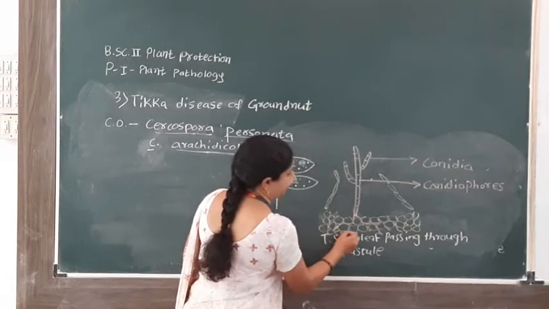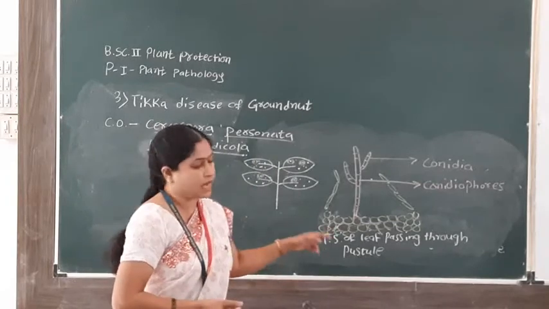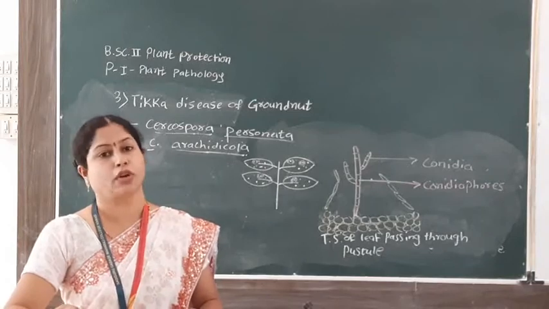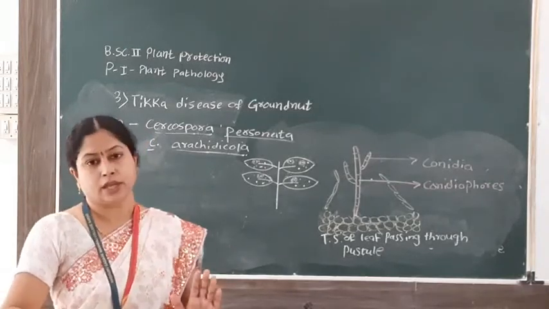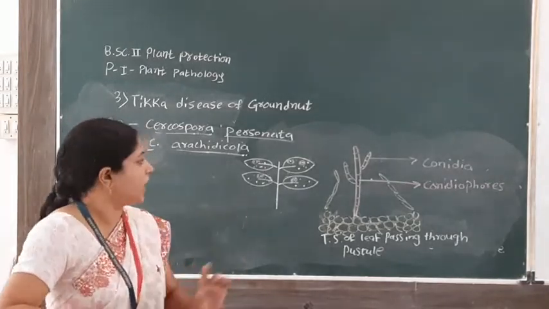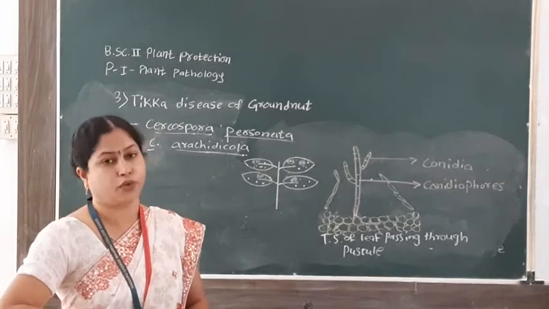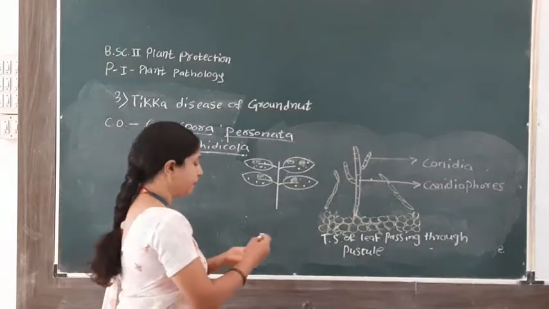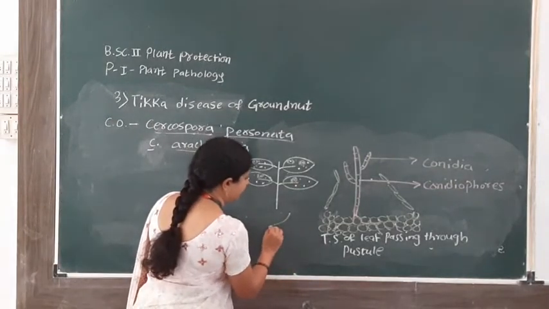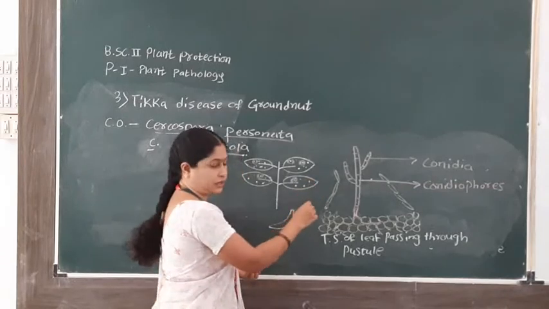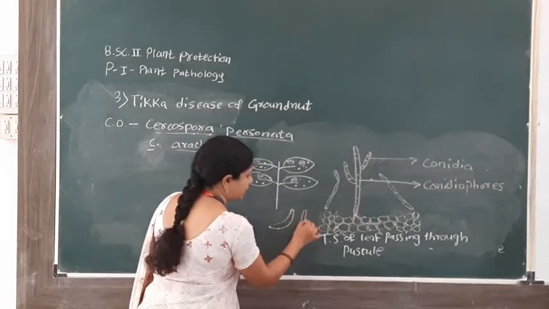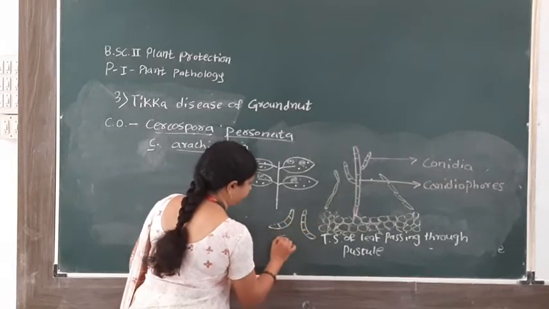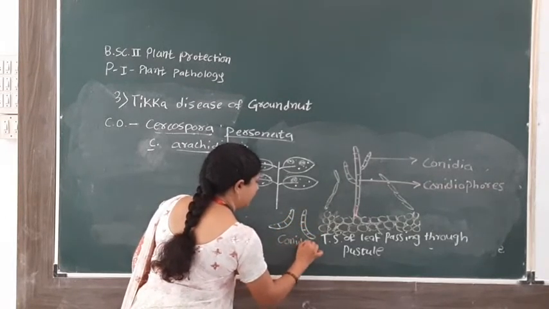This is the parasitic fungus, which shows the mycelium growing inside the host tissue for anchorage and nourishment, and some of the stalks or hyphae are raised upward, which are called the conidiophores, septate structures which give rise to sickle shaped conidia. Some of the conidia are straight, while some are sickle shaped. These are the conidia.